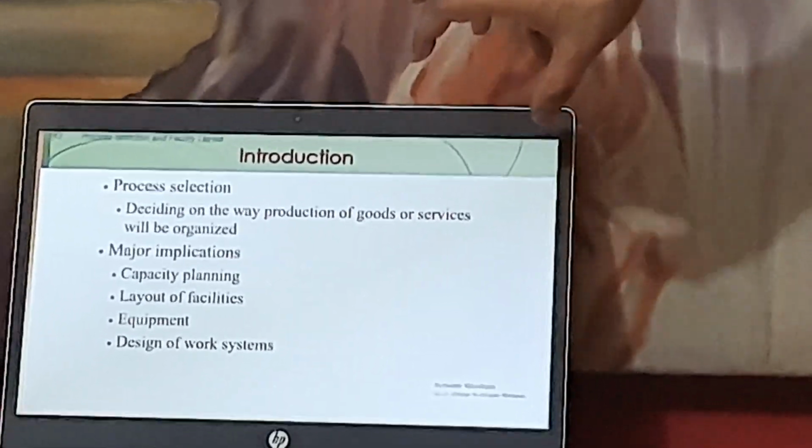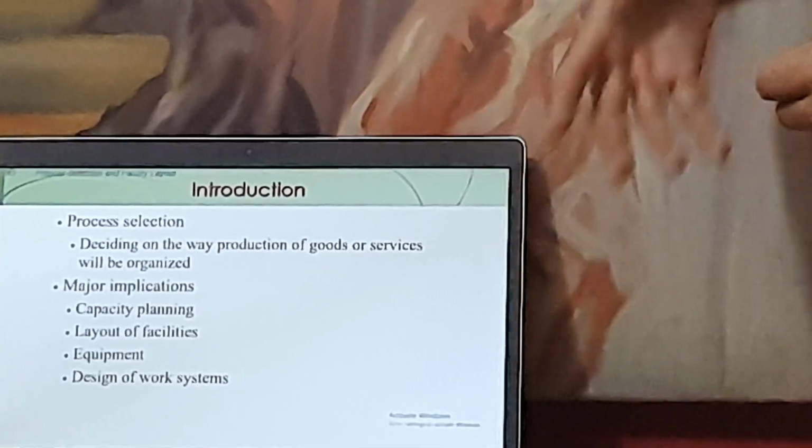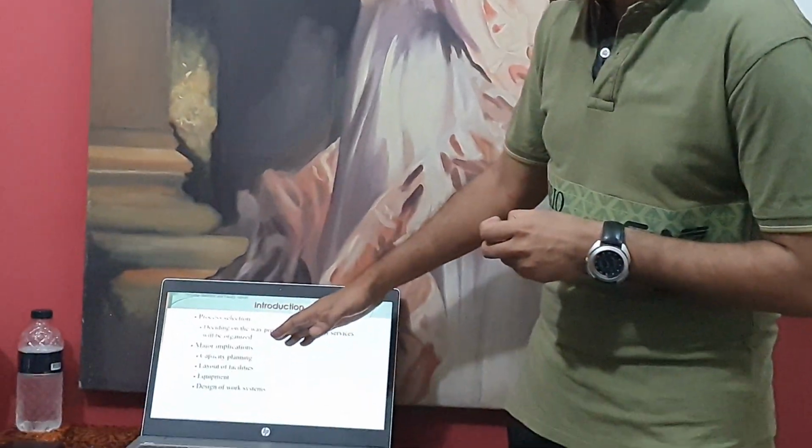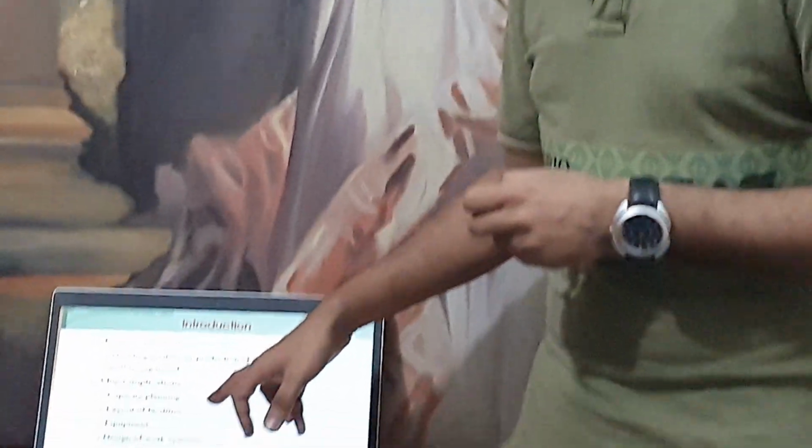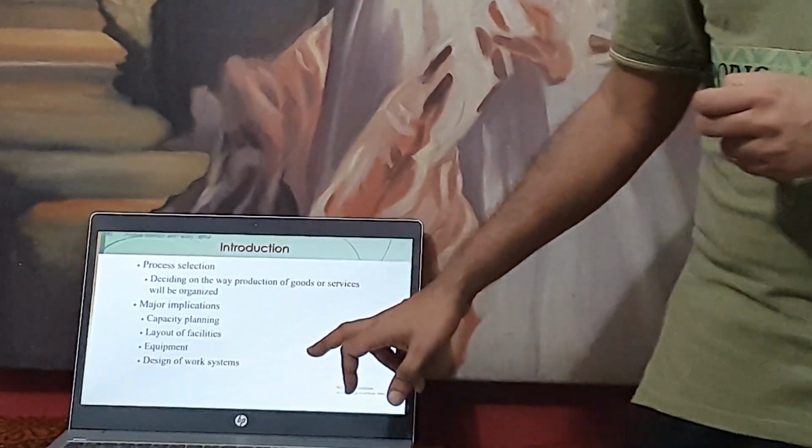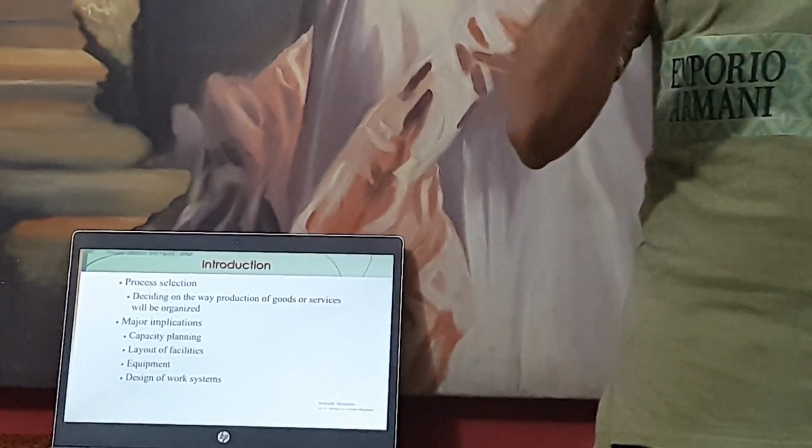So in process selection, you have to select the process, how the production will be organized. The major implications are capacity planning, layout of the facilities, equipment, and design of the work system. So if you want to go through process selection, you have to make sure that you know the capacity, the facilities available, the equipment, and also the work system.